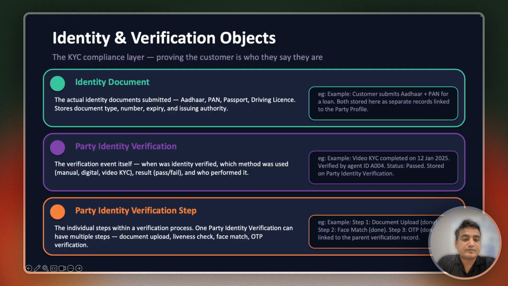Then a face match against the document photo will be done: I have uploaded a document, and the live face of me will be matched with the document photo. An OTP may be sent to me which I need to enter. So there are 3 or 4 steps, and each step can pass or fail. Each step we need to capture from the compliance layer, and it can be stored in party identity verification step.